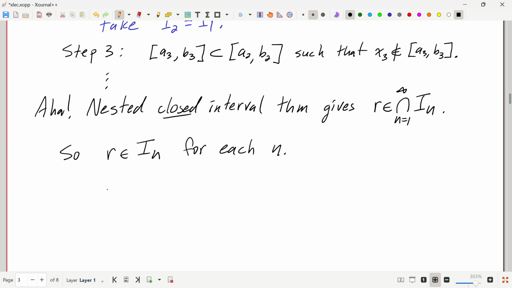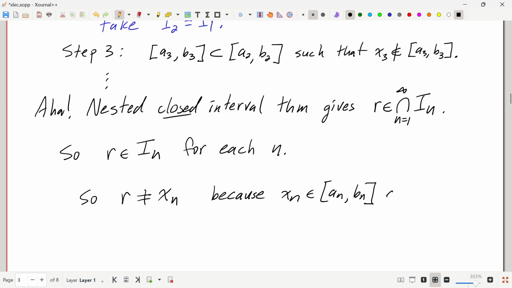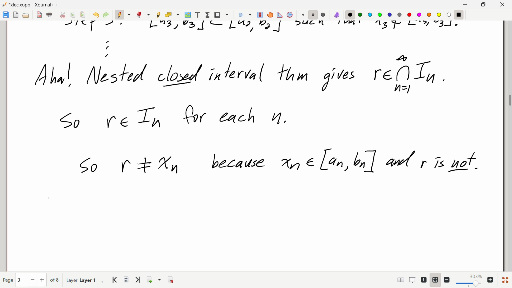So this means R is unequal to Xn because Xn is in In, R isn't. So R does not get hit by the phi map.